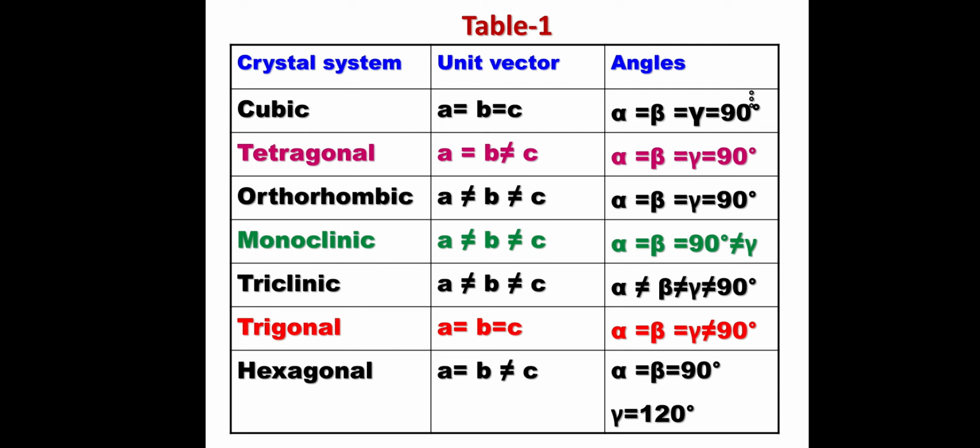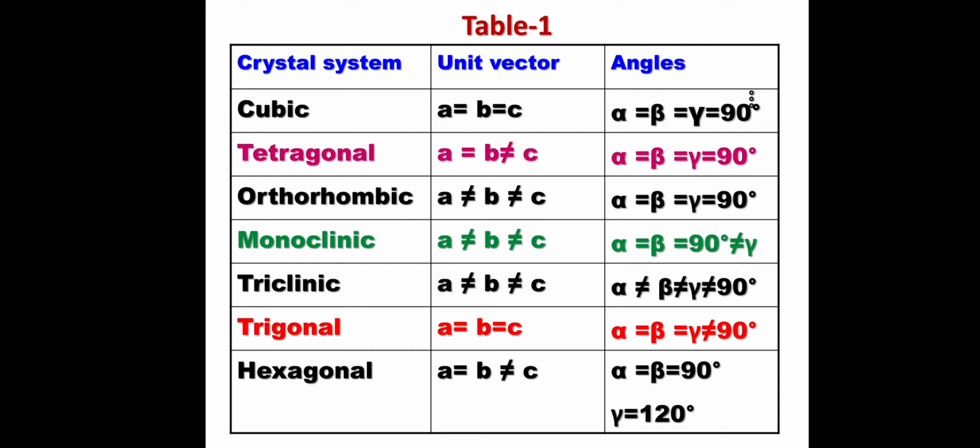Some examples of triclinic: copper sulfate CuSO4, and potassium dichromate, that is K2Cr2O7, right. And the sixth system is trigonal, in which all the three are equal.